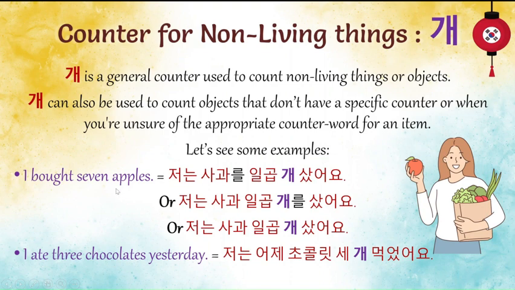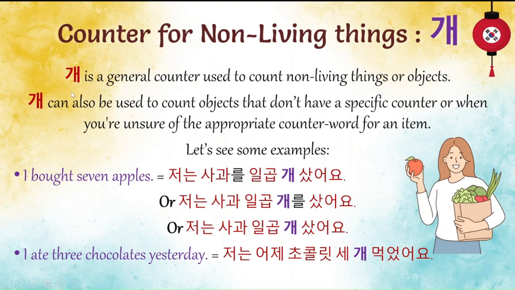Now I'm just telling you in brief that whenever you have to count a particular thing, the structure is, first comes the noun that you are counting, then comes the number, and then the counter word. So for 7 apples, apples in Korean is 사과, 7 is 일곱, 사과 일곱.